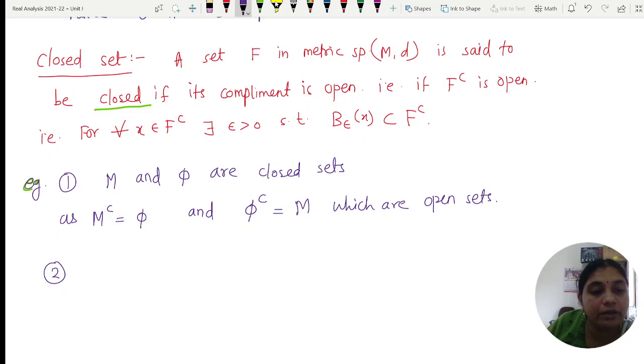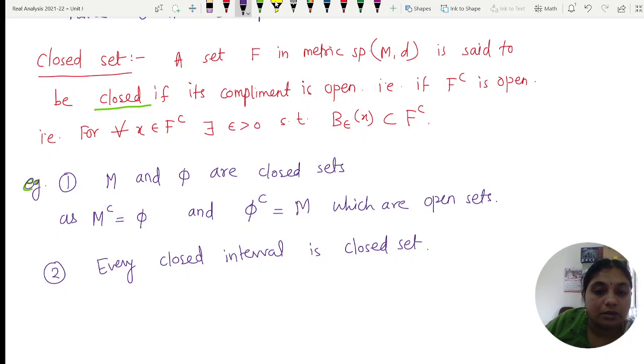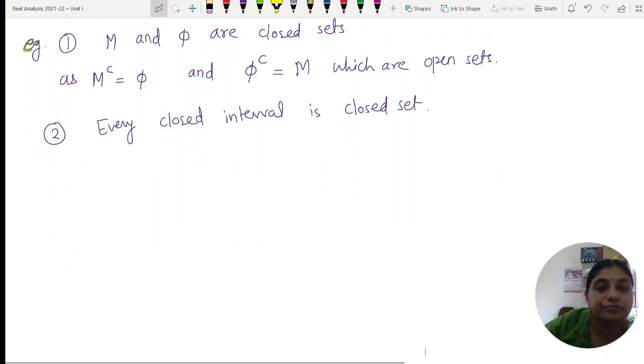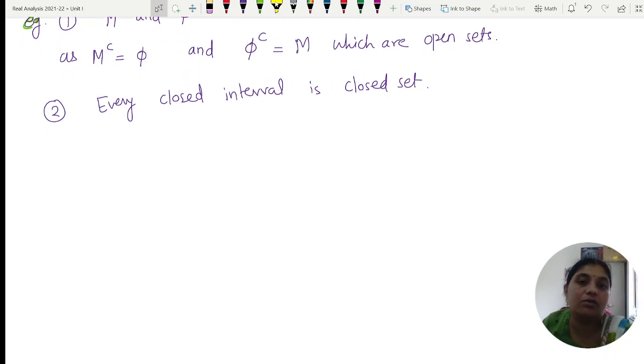Second, every closed interval is a closed set in R. Interval means it is from R only. Why is every closed interval a closed set? You take [a, b], a closed interval.